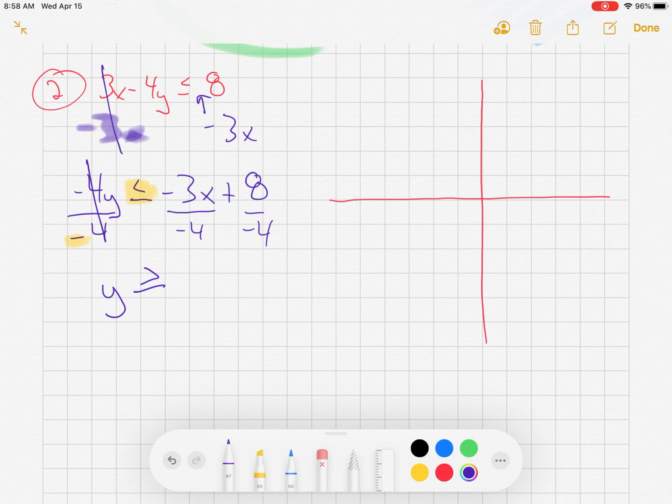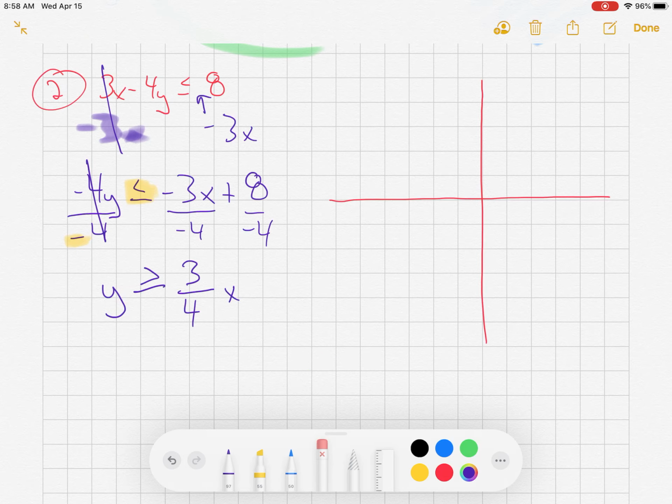Okay, now, I'm going to write this. If I have a negative 3 divided by negative 4, well, a negative divided by a negative is going to give me a positive 3 over 4. And now we have it written like this, but remember, we want it in y equals mx plus b form. So I'm just going to push this x off the edge down here. He's pushed off, and he's just going to hang out right here.